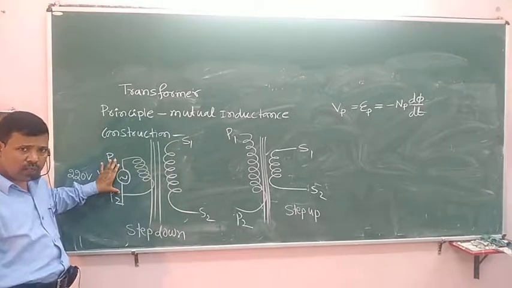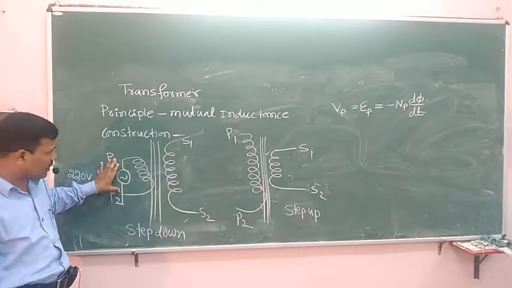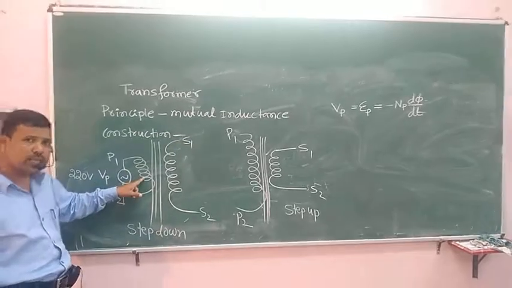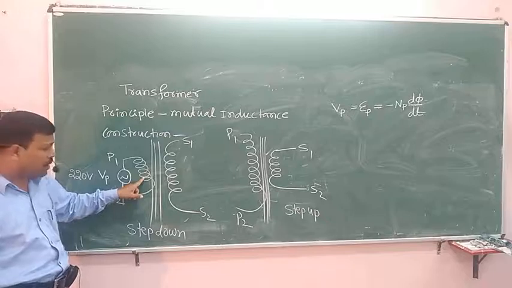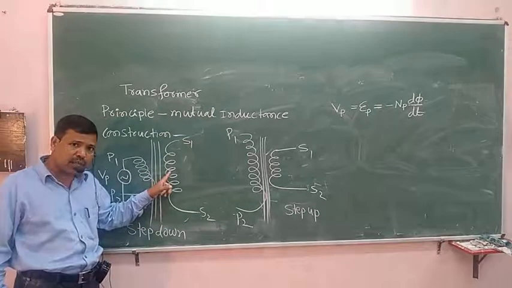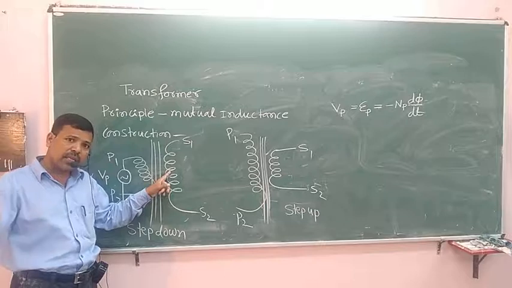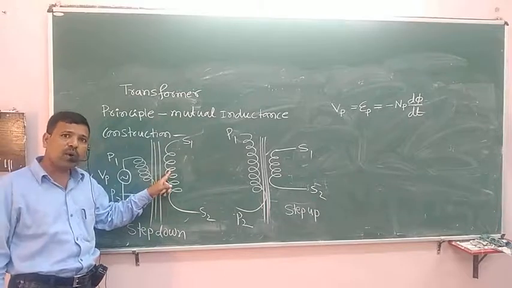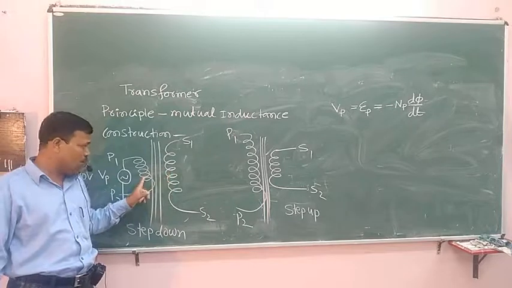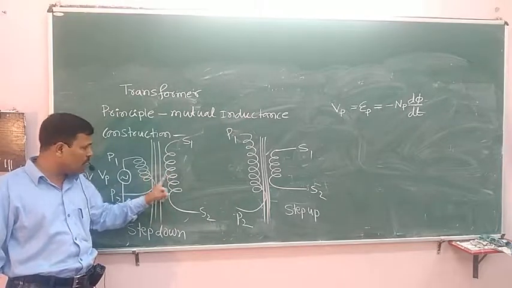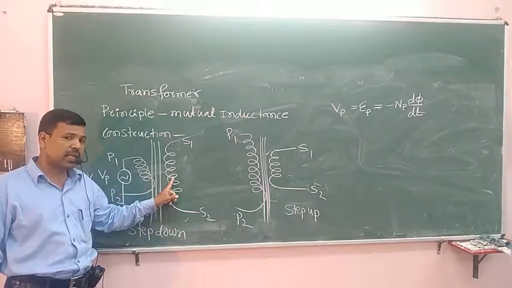Whenever the voltage applied across the primary coil changes, there is an induced voltage in the primary coil due to self-inductance. And due to change in magnetic flux with the secondary coil, there is an induced EMF in the secondary coil. That's according to mutual inductance. When current changes in the primary coil, there is an induced current in the secondary coil.